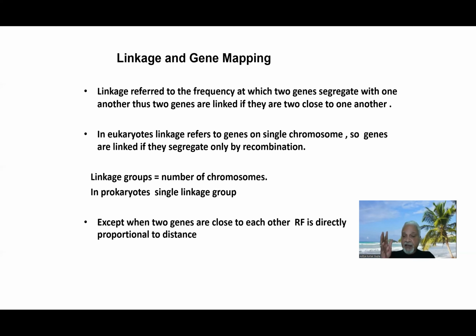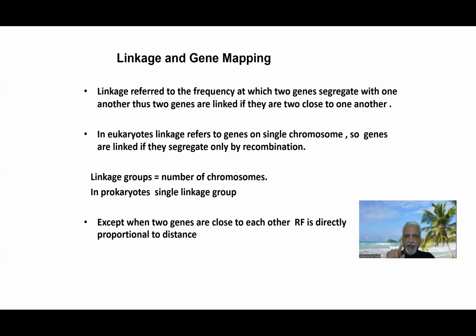In eukaryotes, if you remember, all the genes located on a chromosome are linked, because they cannot undergo recombination. The recombination in eukaryotes generally takes place between genes located on two different chromosomes. So all the genes located on the same chromosome are linked and are not able to undergo recombination.